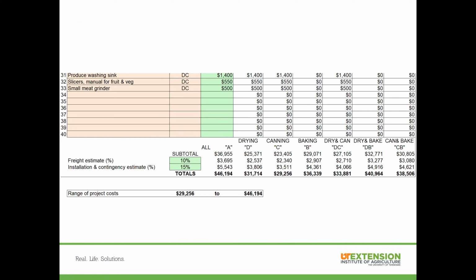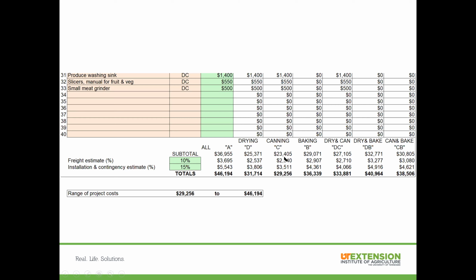If you're doing drying and canning, you would need, say, a small meat grinder, and there's the cost of that. So you can see here under the canning column, the total cost of the equipment was $23,405. But we've also built in an estimate if we're having to pay freight on these items to get them brought in.